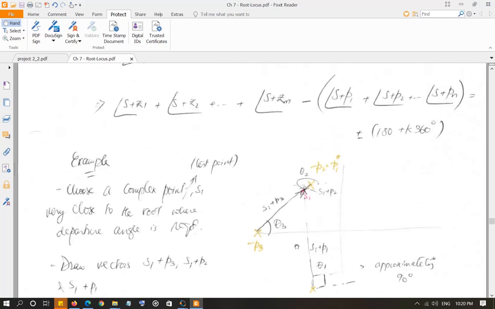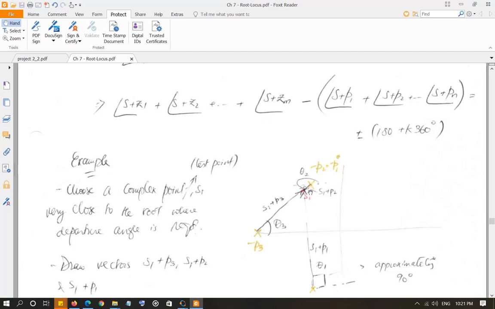So when we have those angles, then we can use this equation: the angle of each zero to that point, and the angle of each pole to that point. This s is right here, s1, the point I'm taking, very close to the pole under consideration.